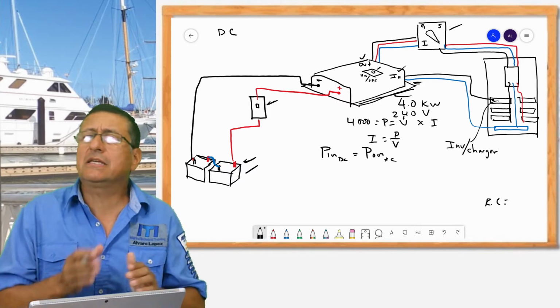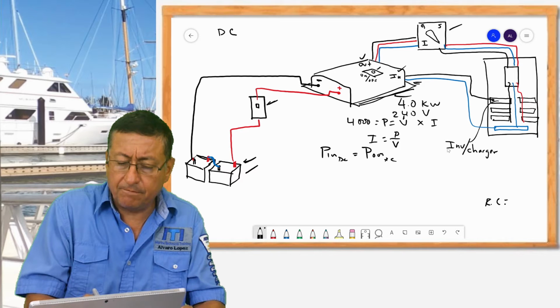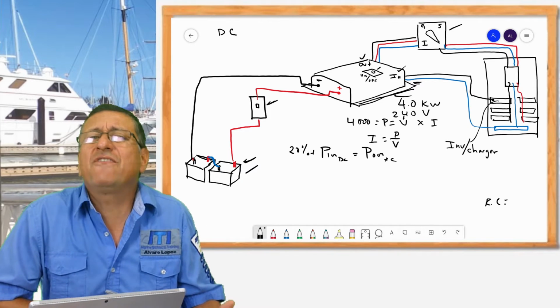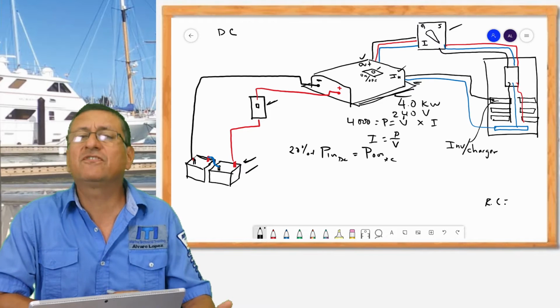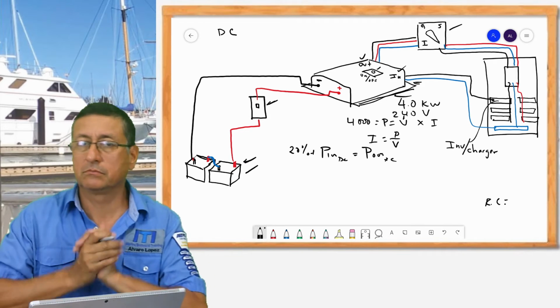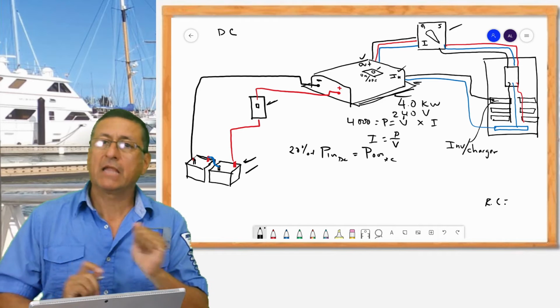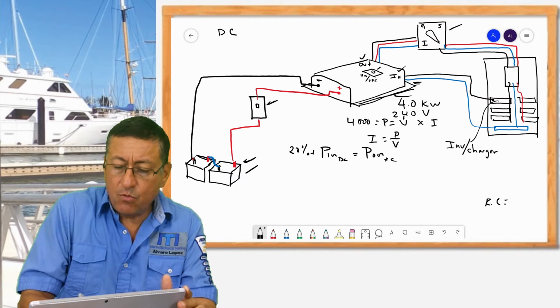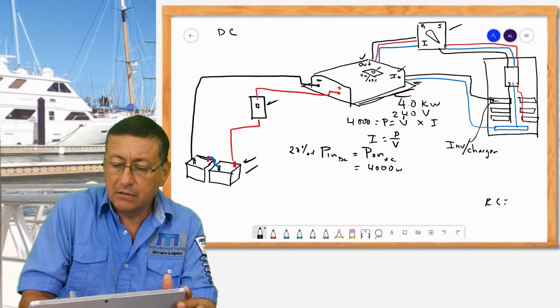But I am going to add 20% to the input for safety factor. Safety factor, because of dissipation. Okay, I want to produce 4,000 watts.